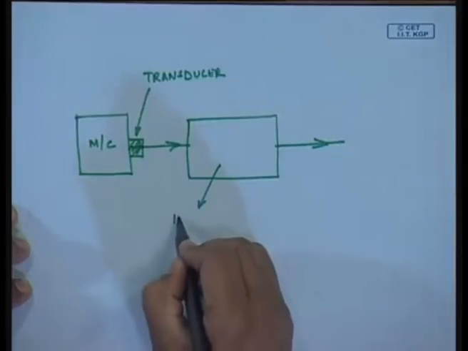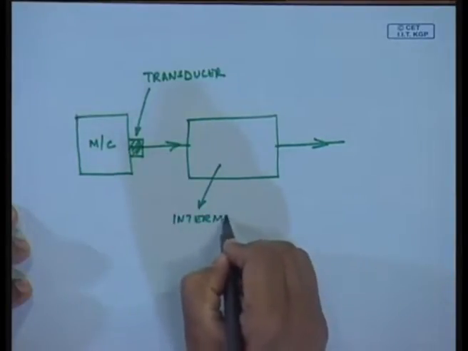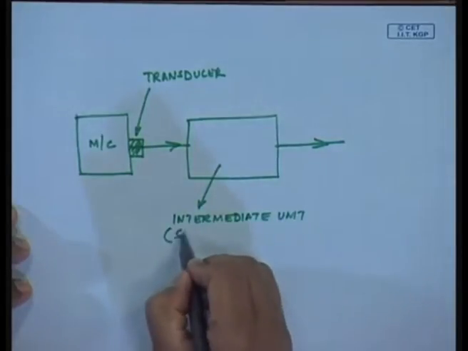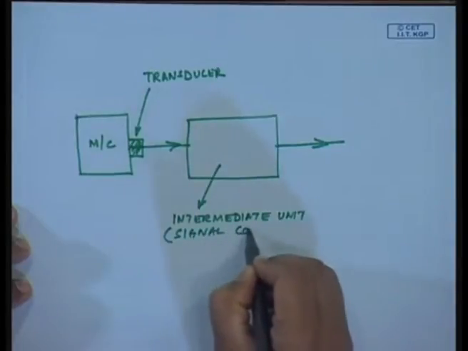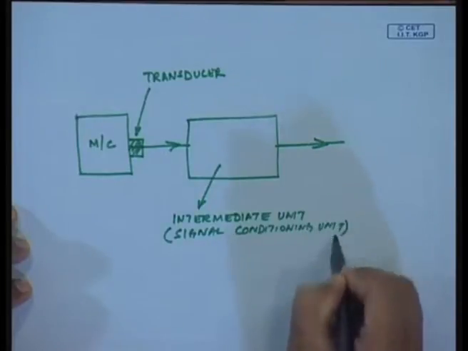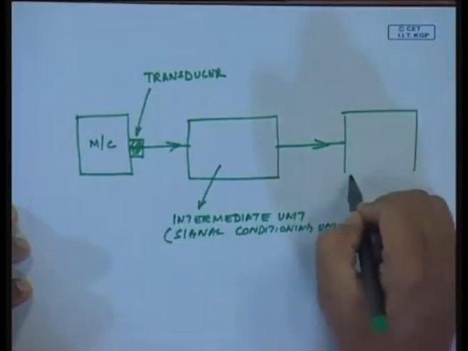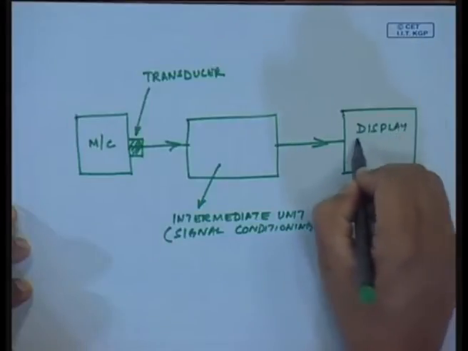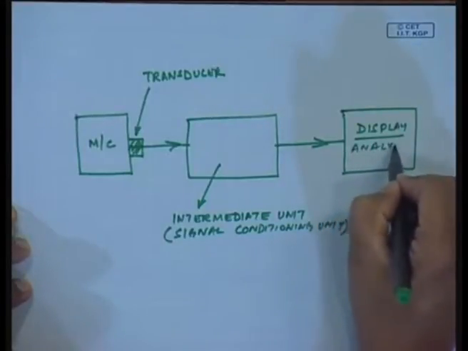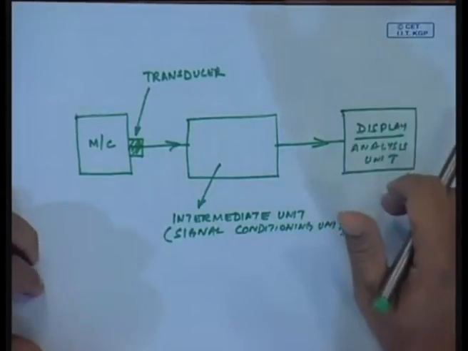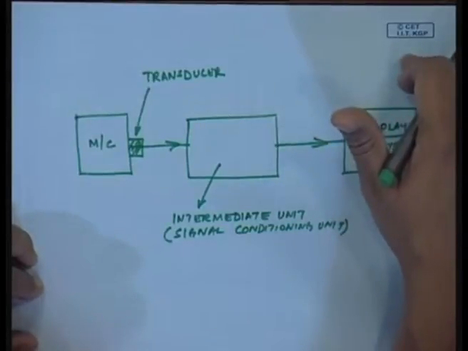I will have some intermediate unit which is essentially a signal conditioning unit, and then we will have either the display or the analysis unit, and of course, associated with this there are a lot of secondary devices like an archival device to store the data, to plot the data, etc. We are not going to discuss this.